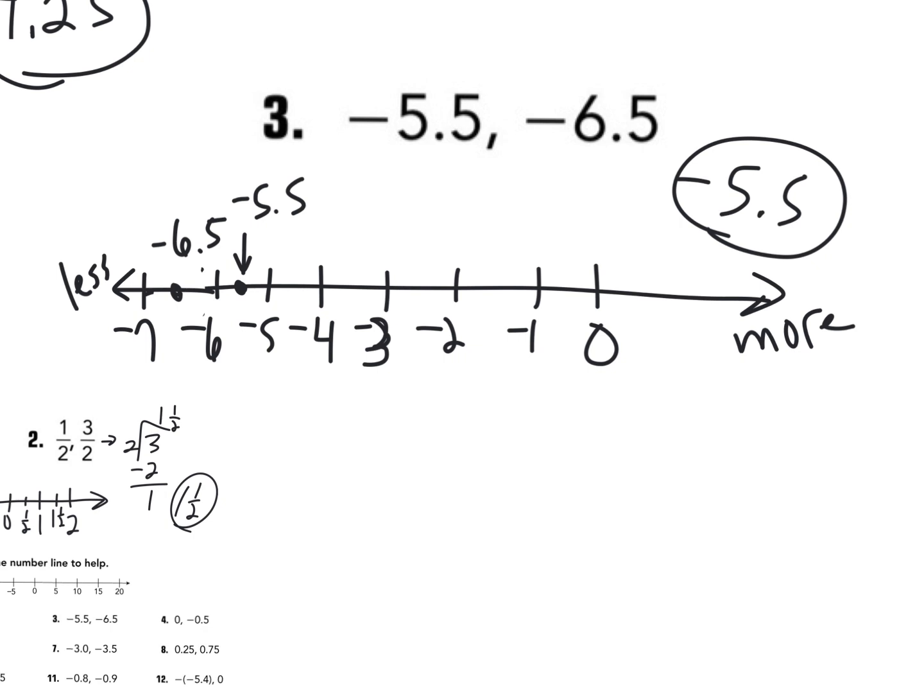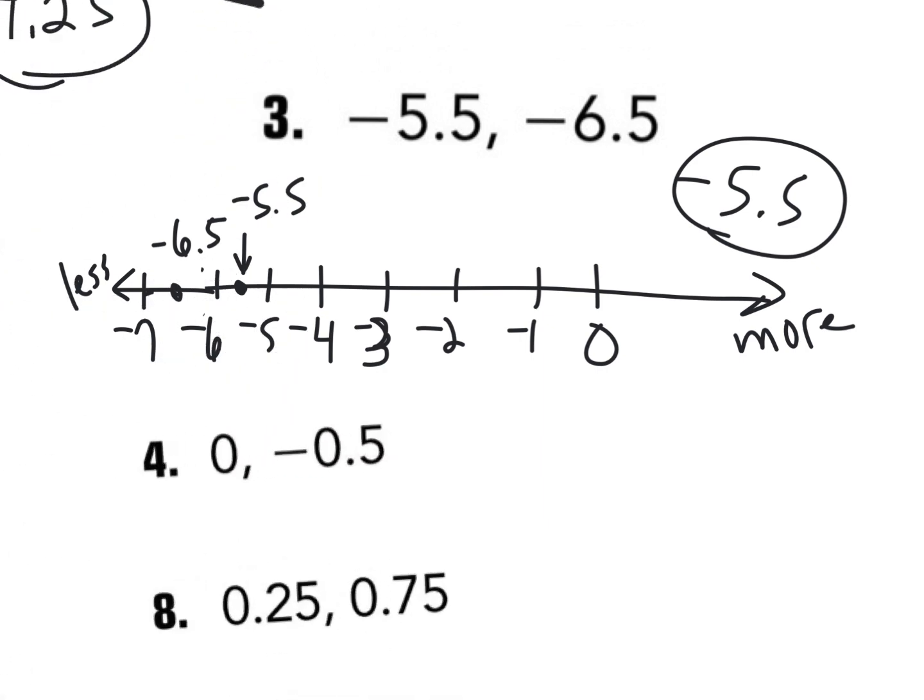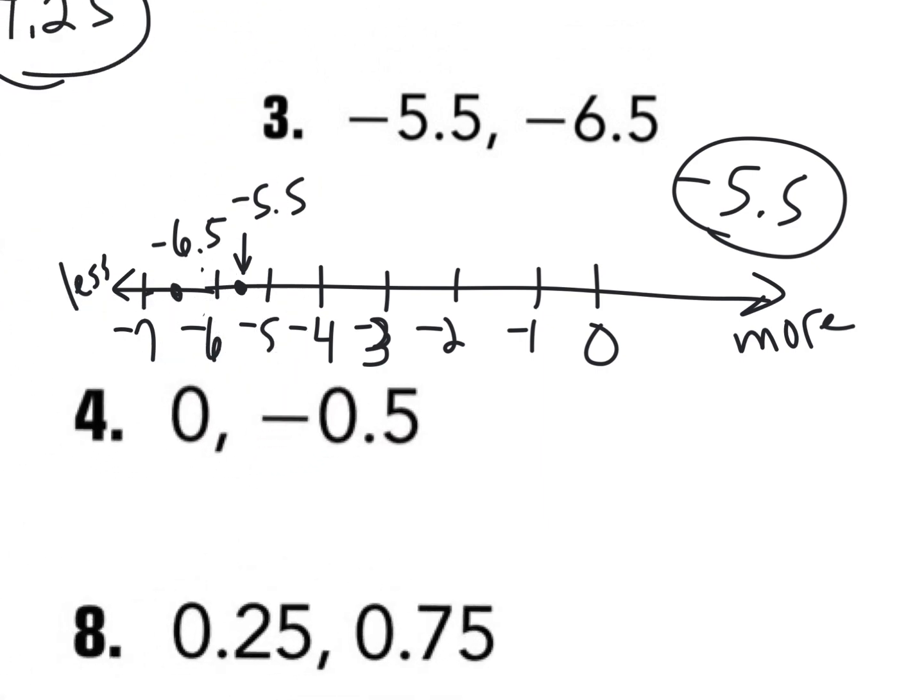Number 4, we have 0 and negative 5/10. So comparing those two, 0 is right between positives and negatives, and you can see even on this number line here. Here's the 0. Negative 0.5 would be like negative 1/2. So the 0 would be the greater number for number 4.